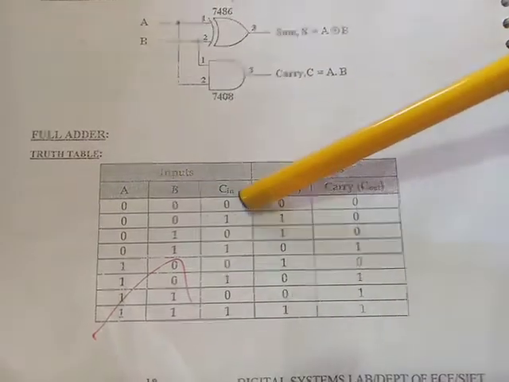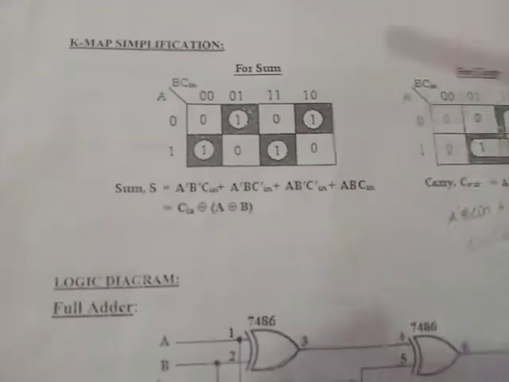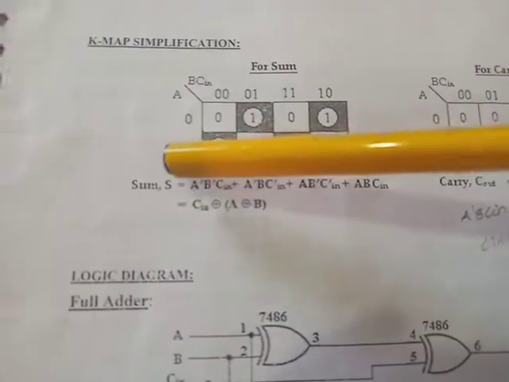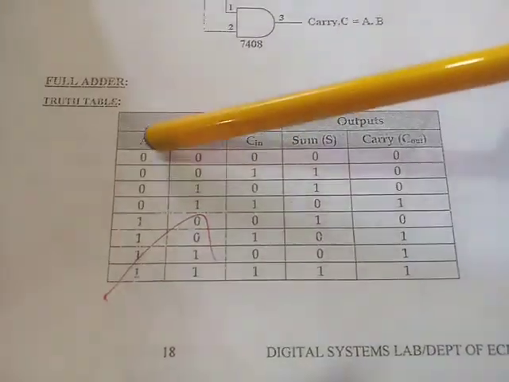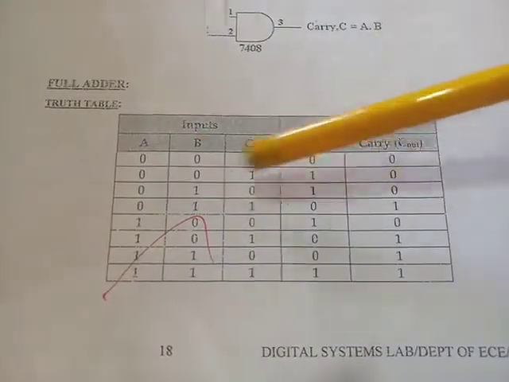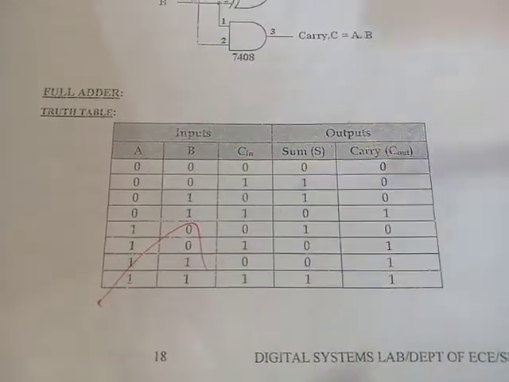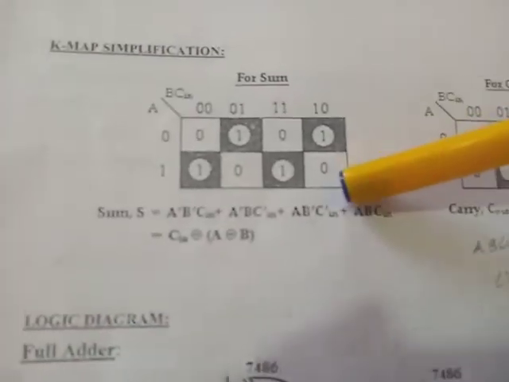Here is a 3 input K-map, with A, B, C in. This is for sum, right? For 0 0 0, how can I write this one? For 0 0 0, my sum is 0. 0 0 1, my sum is 1. 0 1 0, my sum is 1. Like that I am filling the K-map table, right?